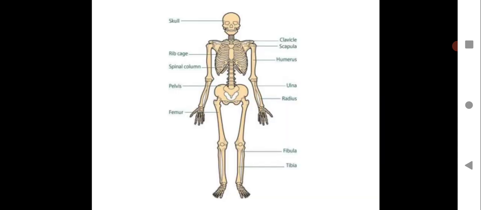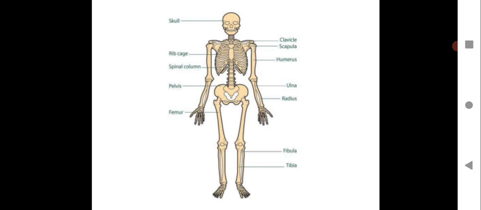Now this is the diagram of the human skeletal system. You are going to take a printout of this and stick it in your notebook. This is the human skeletal system, and it has various labels. You can see so many types of bones labeled over here. All possible types of bones of the human skeletal system are labeled in this diagram.